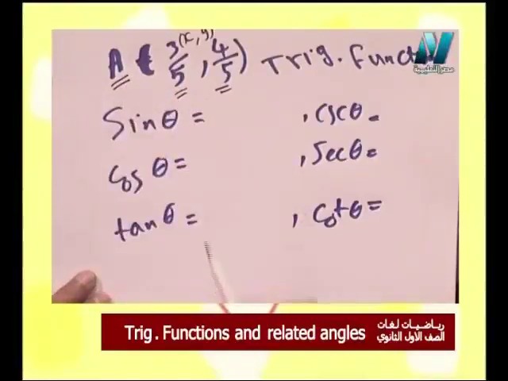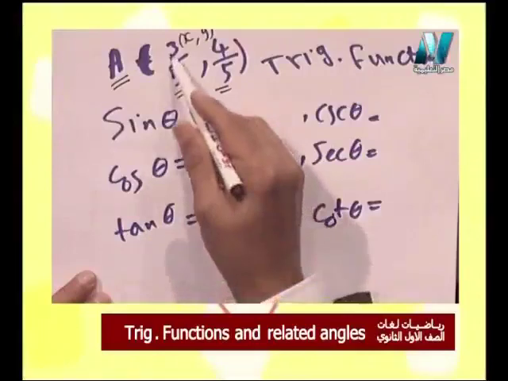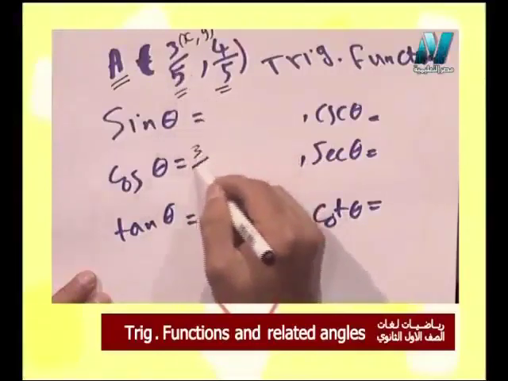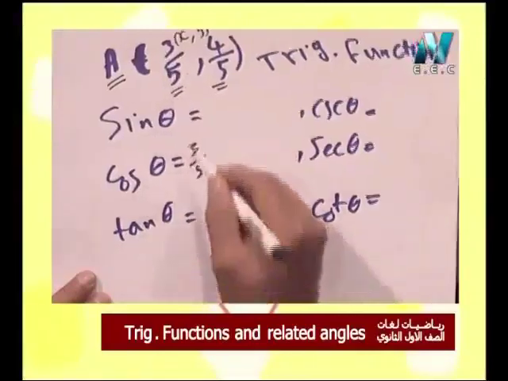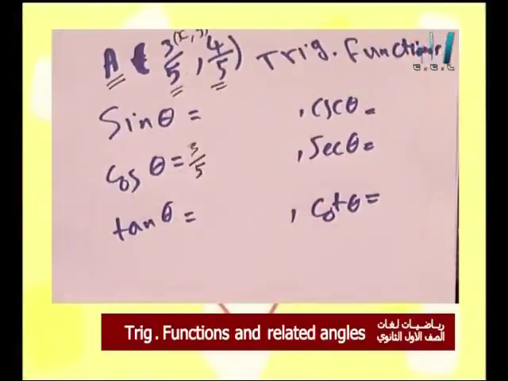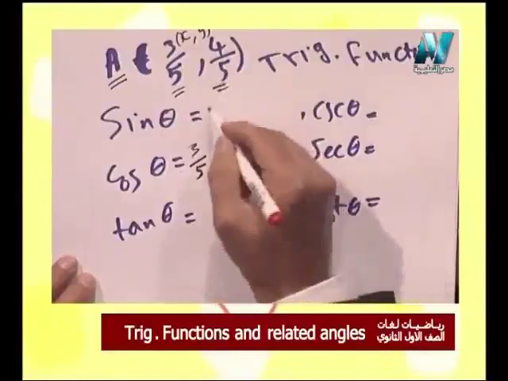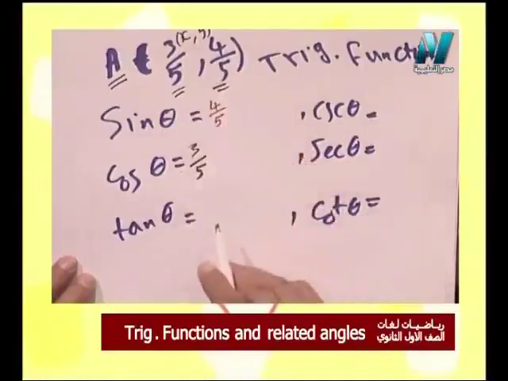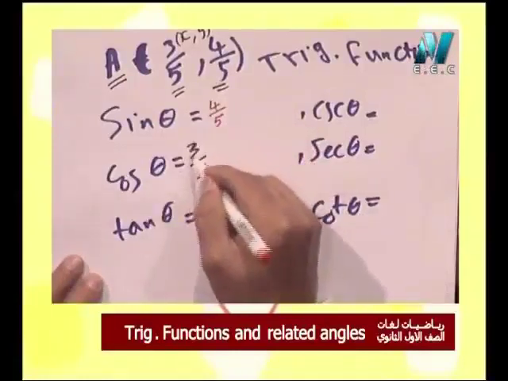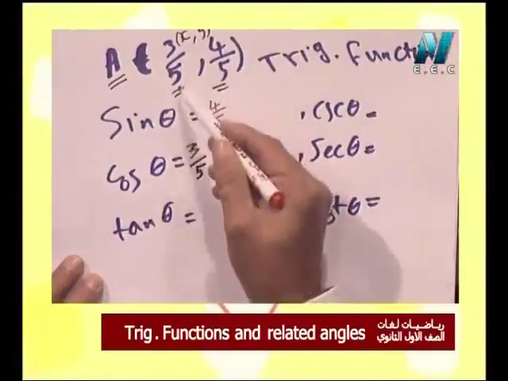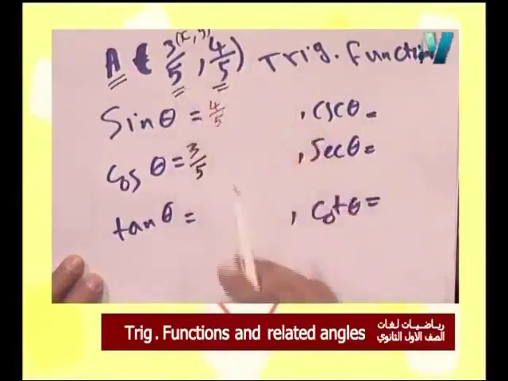So we have cosine theta equals 3/5, and sine theta here will be 4/5.